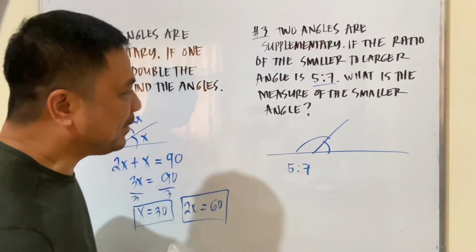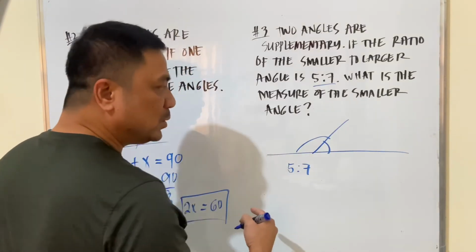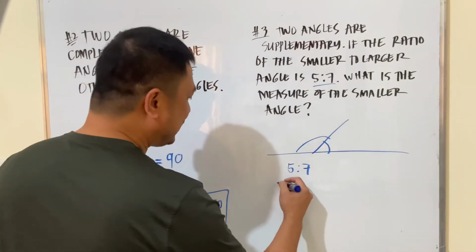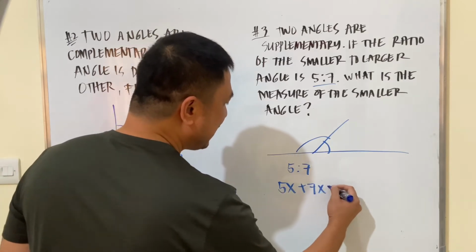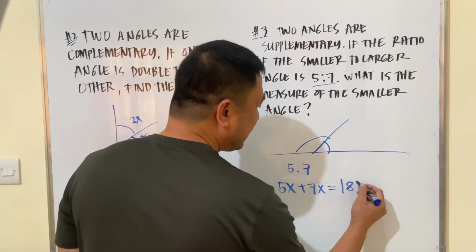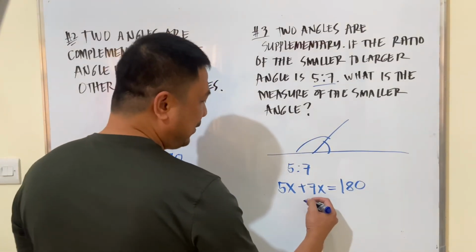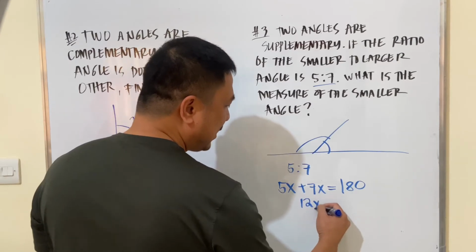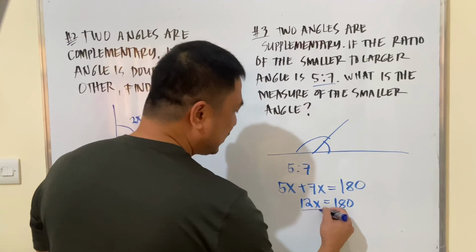So 5:7. Therefore, if you express that algebraically, you have 5x plus 7x equal now to 180 degrees. Okay? Therefore, you have here 12x is equal to 180. So divide both sides by 12.